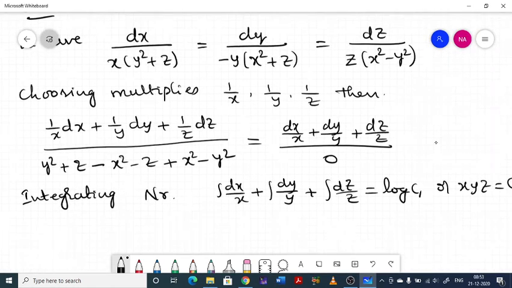Next, see here the degree of these terms is 2, x square minus y square you have, but here you have x square plus z, here you have y square plus z.